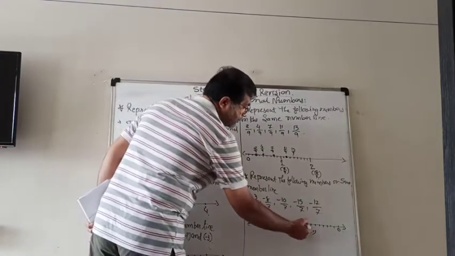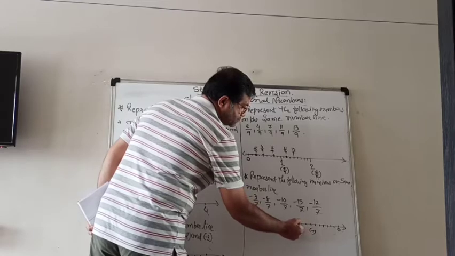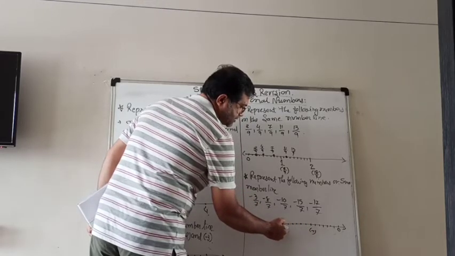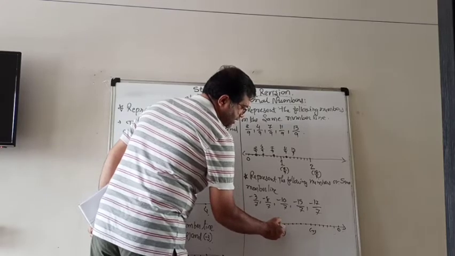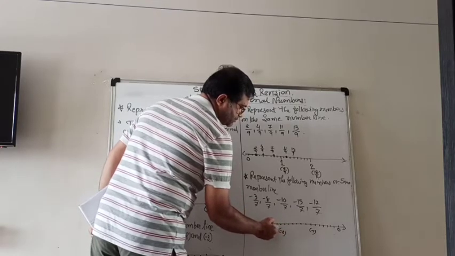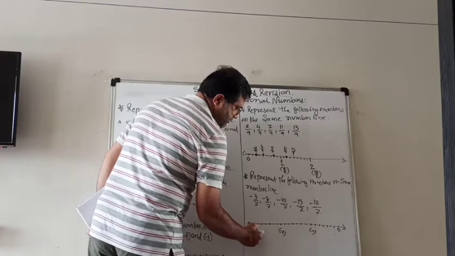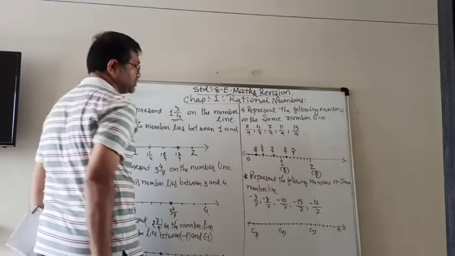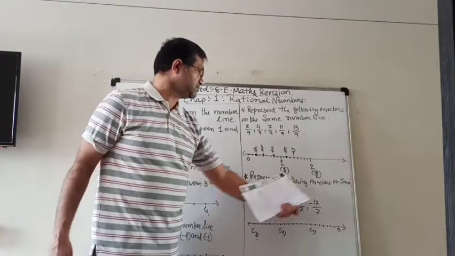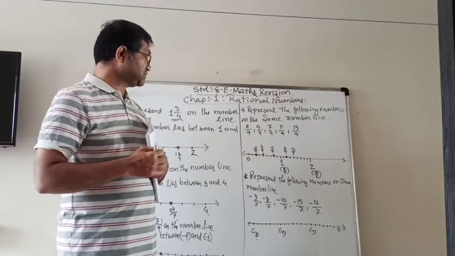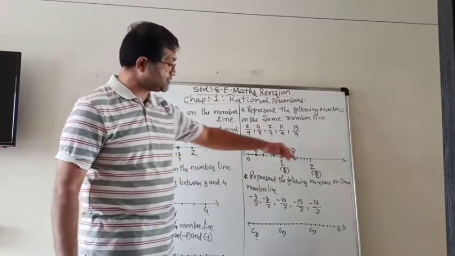Again count 7. 1, 2, 3, 4, 5, 6, 7, -2. Again 7. 1, 2, 3, 4, 5, 6, and at 7 it is -3. Nothing is more than -3, I mean less than. So now we know that first is -3 upon 7.